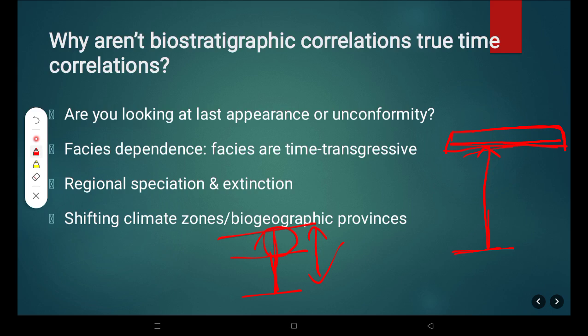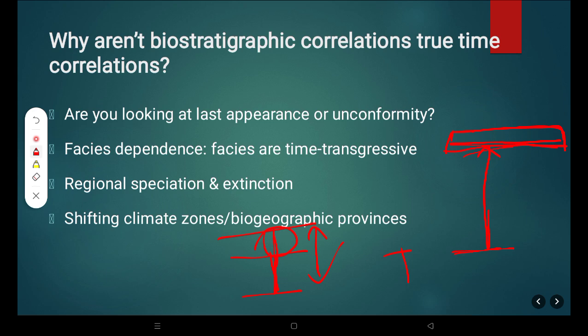Then regional speciation and extinction. Regionally, some species locally got extinct, so in that case also, we have to be very cautious. Then shifting of climate zones or biogeographic provinces. Suppose one temporal climate is there where one fossil is growing very fast, but then there is a shifting of the climate.